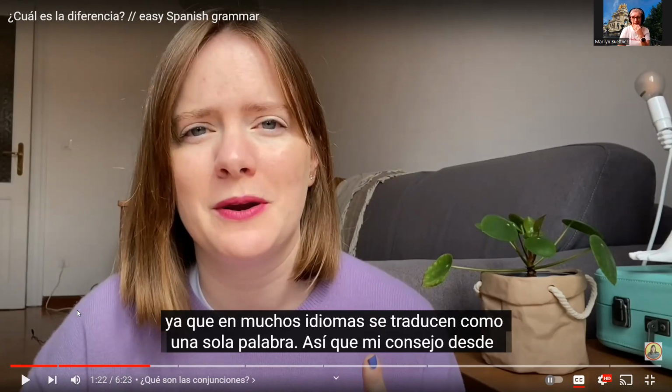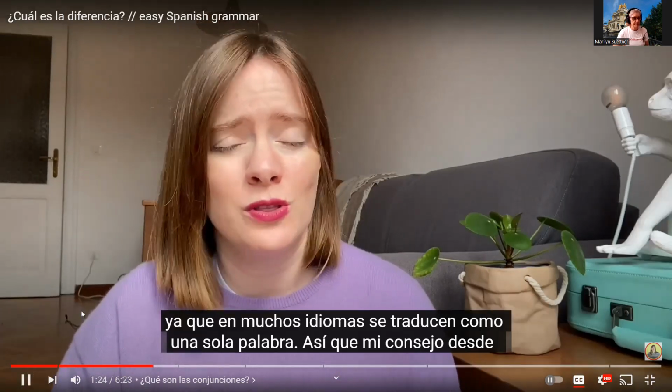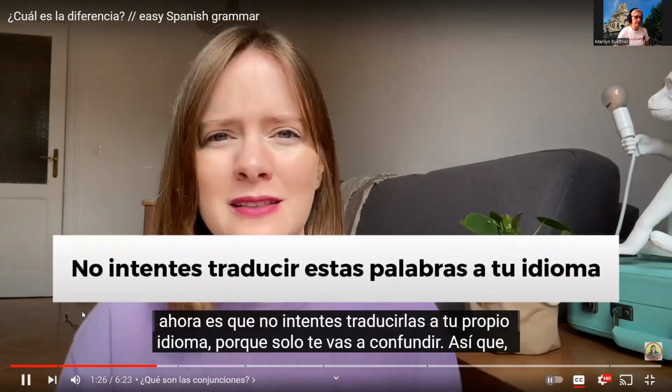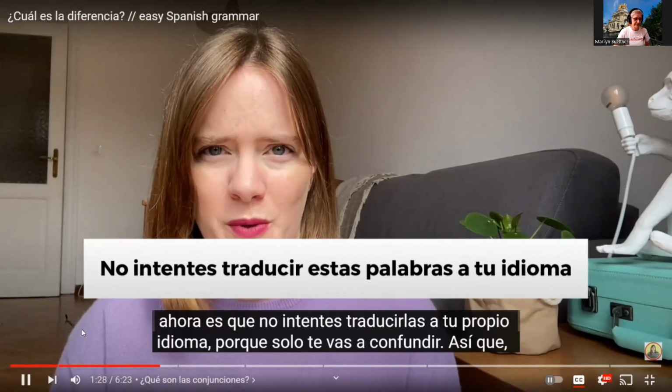If you try to translate, generally in English, the only way to translate this is with the word but, with one T. But, all right? And on the other hand, there is a difference between the two. Okay. Así que mi consejo desde ahora es que no intentes traducirlas a tu propio idioma, porque solo te vas a confundir.